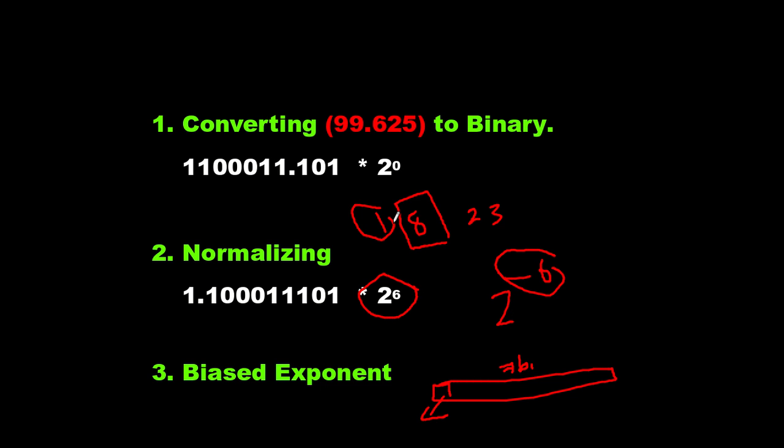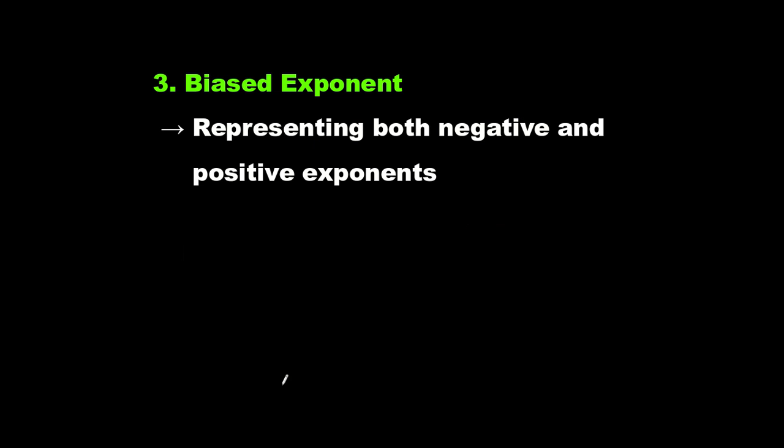Sorry, can we use one's complement or 2's complement? We use something similar to it. That's why they call it a bias, or let's say the offset from the original point. And here's how it represents both negative and positive exponents.